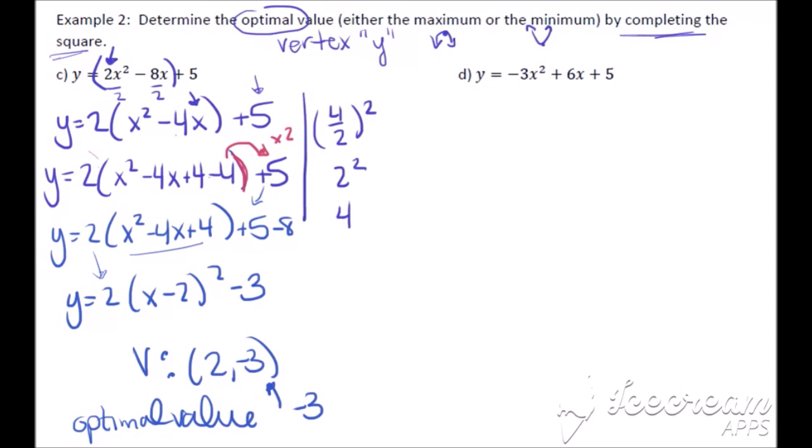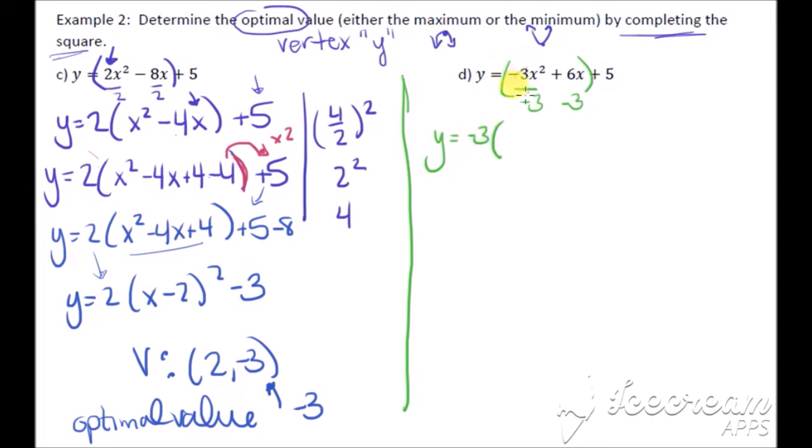So the exact same thing. We are going to bracket the first 2 terms. This one's a little bit different because we have a negative. So we're going to factor out the negative 3. Remember, don't factor out the x, just leave that.